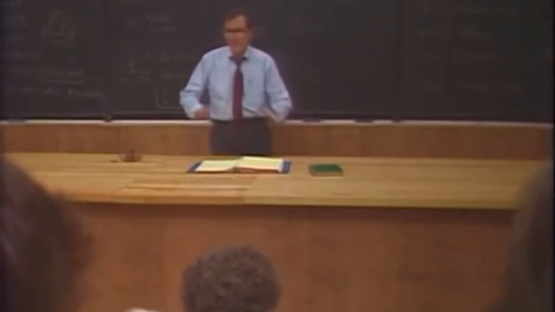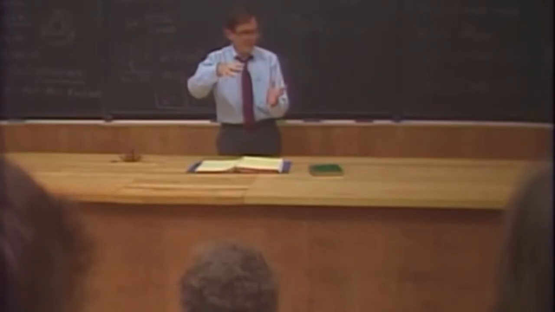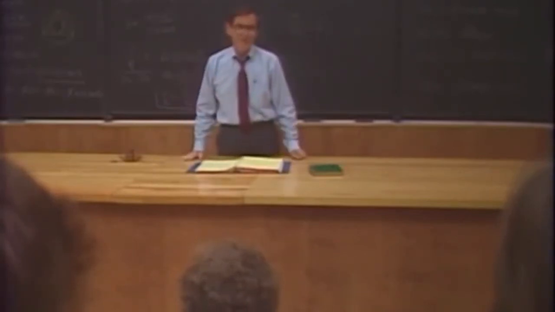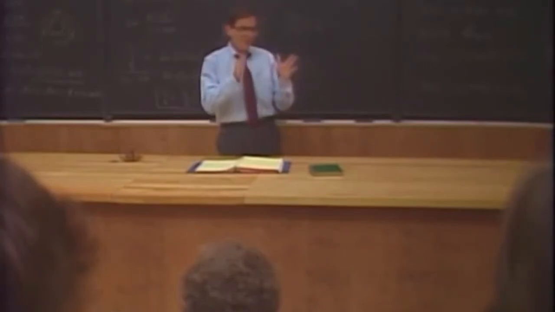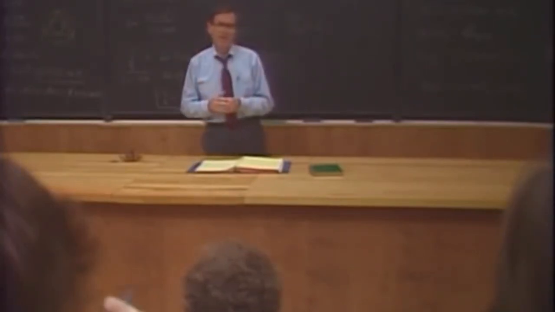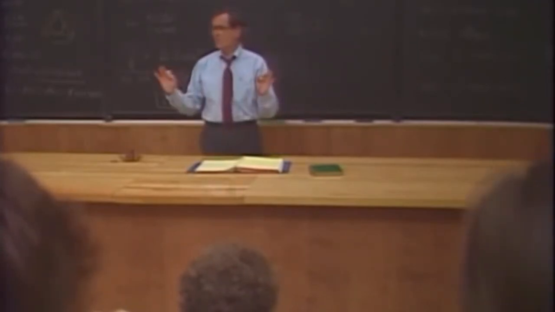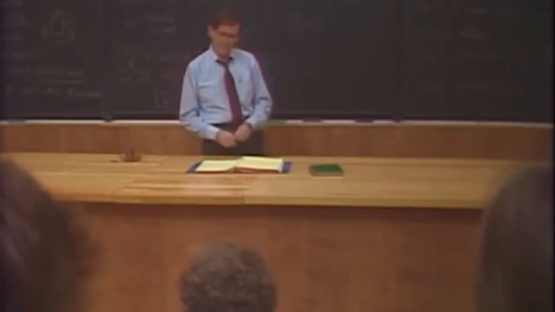Kepler realized that if he took a sphere, put inside of that a cube, a sphere inside of that, a tetrahedron inside of that, and so on, that the 6 spheres that he got in that way had the same ratio of radii as the ratios of the orbits of the 6 planets. Kepler was absolutely convinced that he had discovered the secret of the structure of the universe.